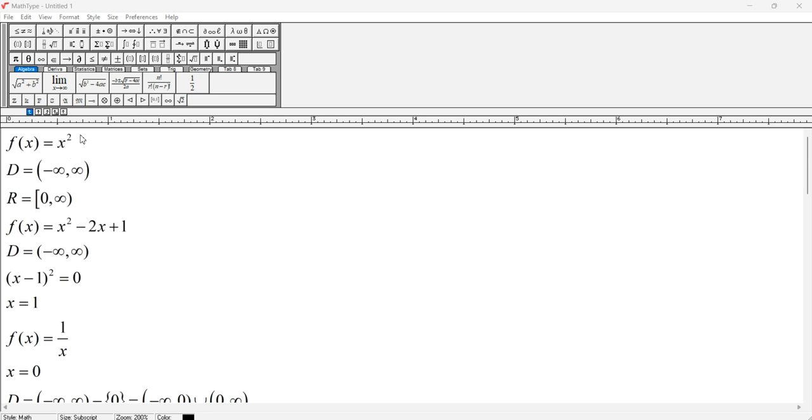It's a polynomial function. The domain for any polynomial function equals minus infinity to infinity, the same as the real numbers.